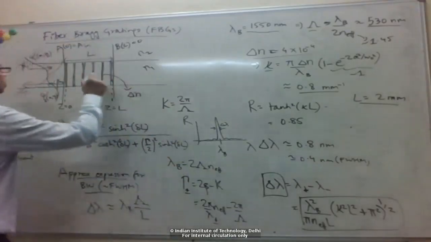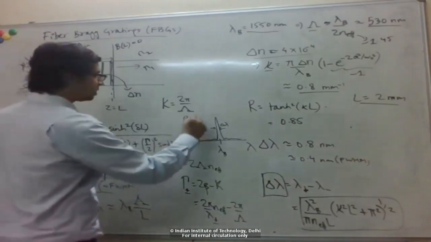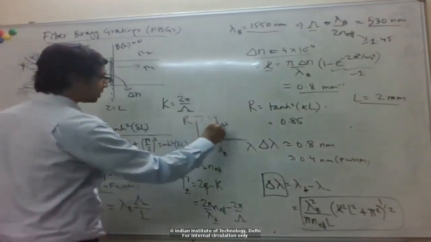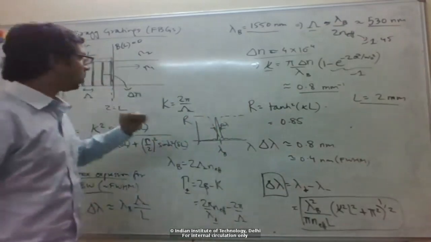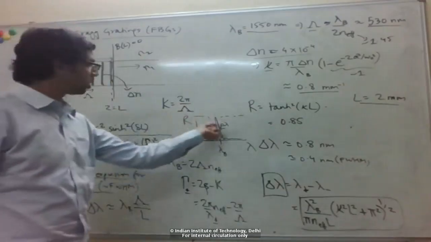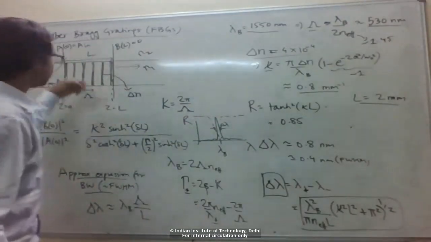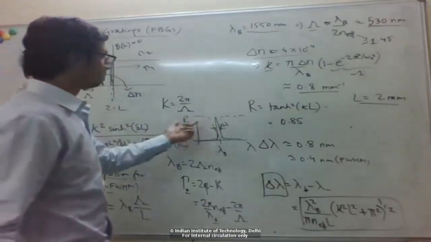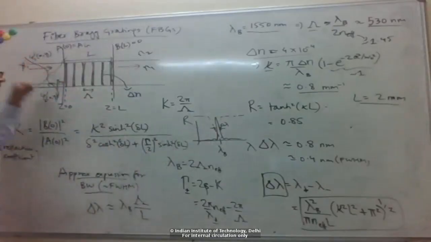Alternatively, if we look at the transmitted power, that will be 1 minus reflection, so it will look something like this. In the transmission port, it looks like a notch filter. It rejects some particular small band of wavelengths and transmits everything else. In the reflection port, it's like a narrow band pass filter. It only reflects particular wavelengths.